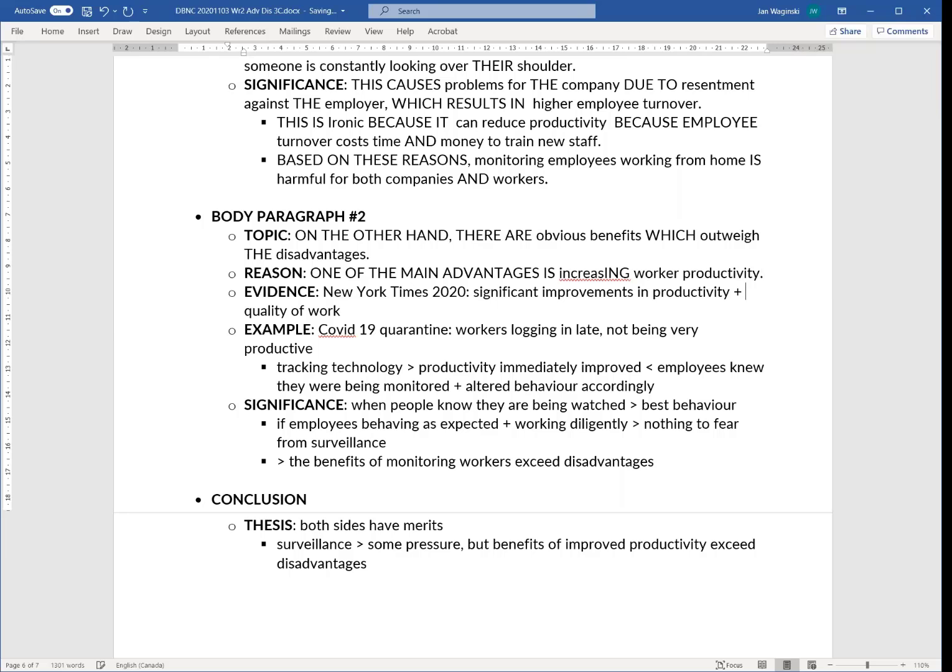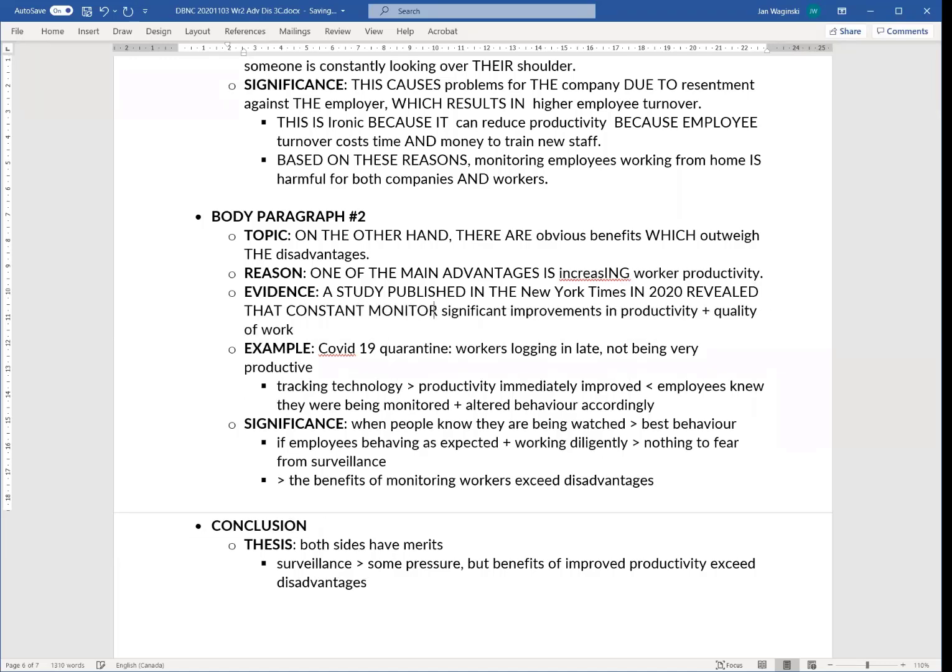A study published in the New York Times in 2020 revealed that constant monitoring during work hours significantly improves productivity and quality of work.